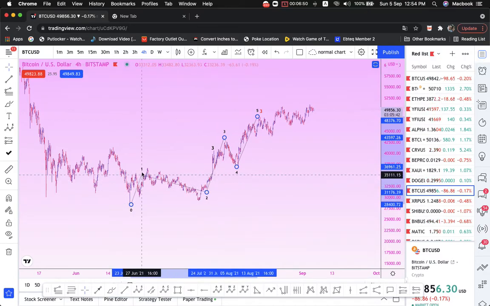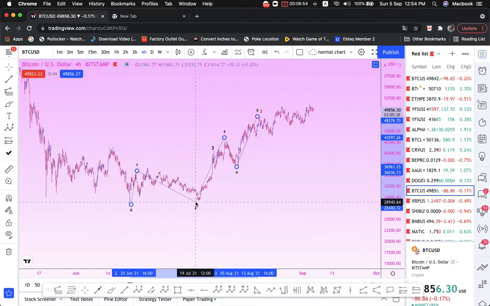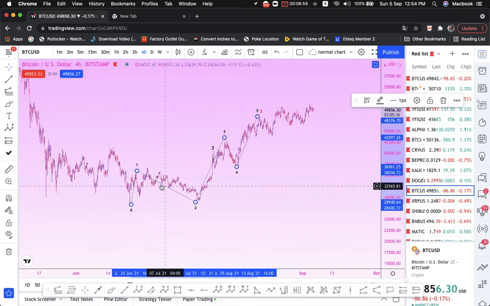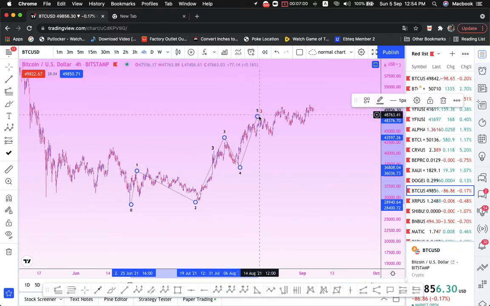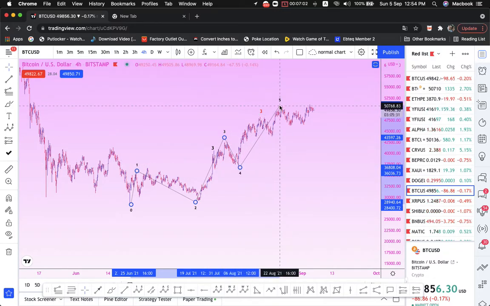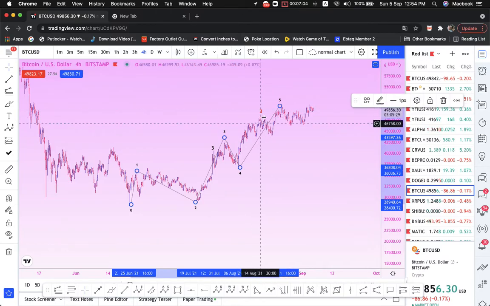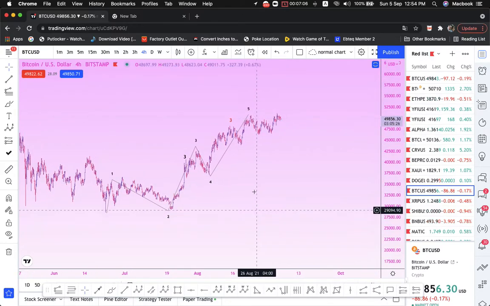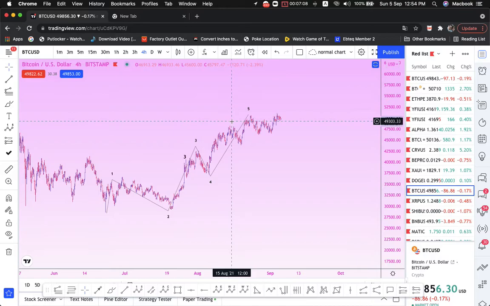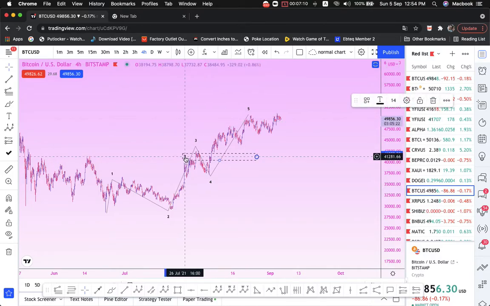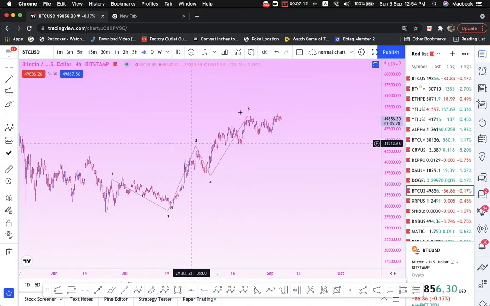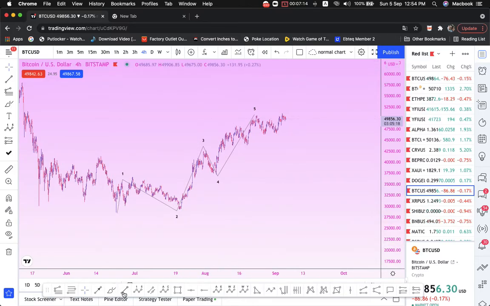And if I were to include this one here, I guess this one could be an A. It's a 1, 2, and this is a 3, and then this is a 4. And this is the fifth wave because there's a peak right here as well. So overall, if I were giving my guess, this is a finished 5 wave up.